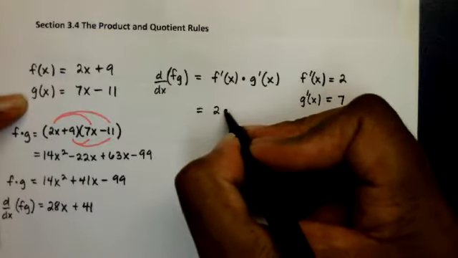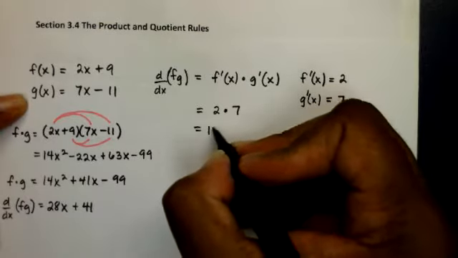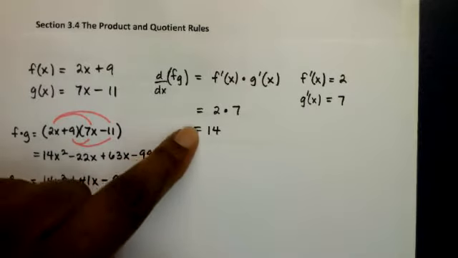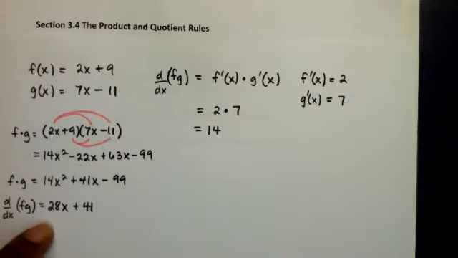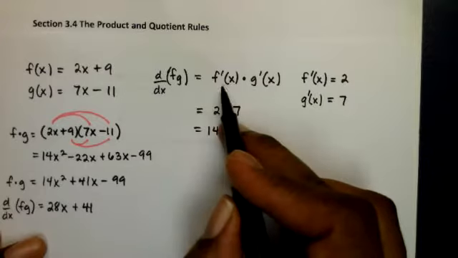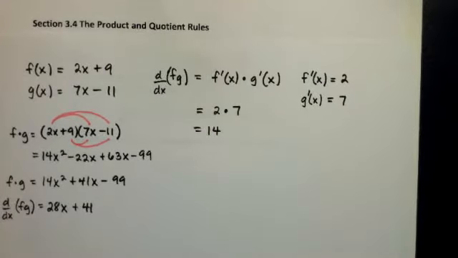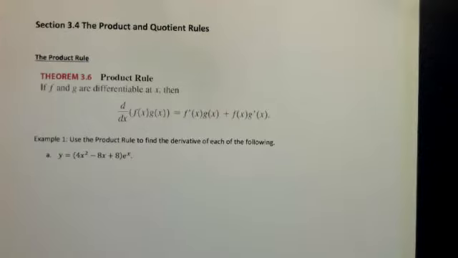So if I multiply 2 times 7, I would get 14. Is 14 the same as 28x plus 41? Obviously, it's not. Okay, so the derivative of the product of two functions is not going to be the same as the product of their individual derivatives. So we have to come up with another method of finding it, the product rule, and this will be it.